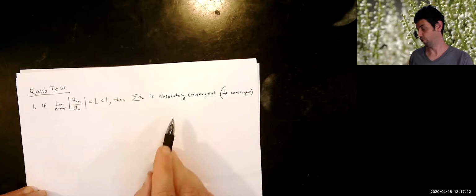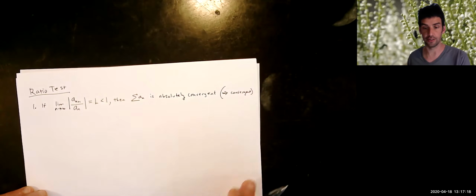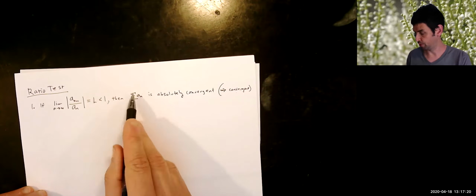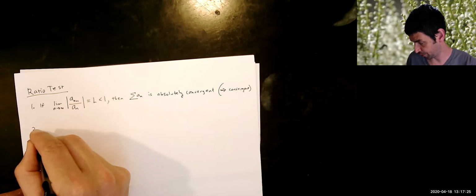right? So technically we learn that the series with absolute value is convergent, but that implies that this series is convergent, which is what we want, since we're going to be looking at a series and hoping to prove that it converges or doesn't converge.